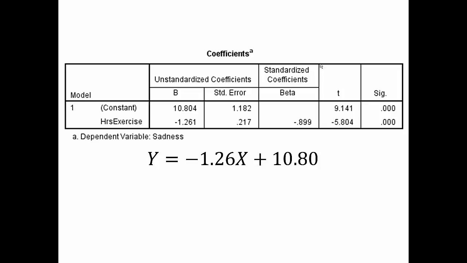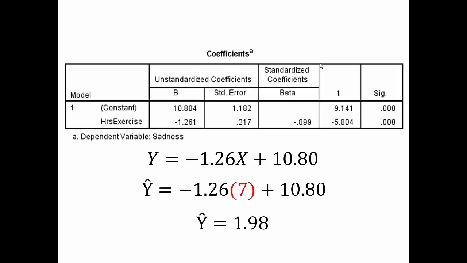So now this is the equation of a line that I can use for predicting how much sadness will be felt for each value of X. So if I want to predict how much sadness will be felt when a person gets 7 hours of exercise, I can do that. I simply replace the X with 7. Notice the little hat over the Y, and I end up with 1.98.